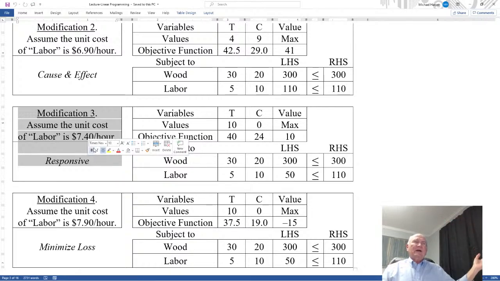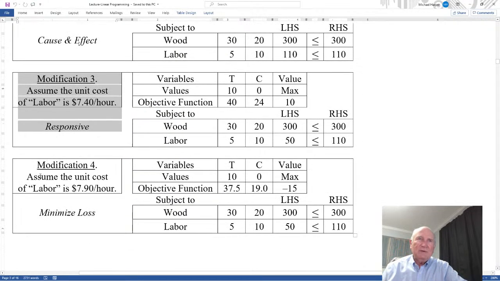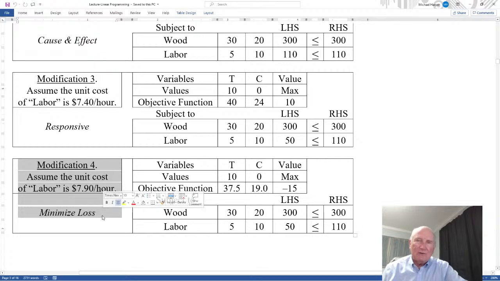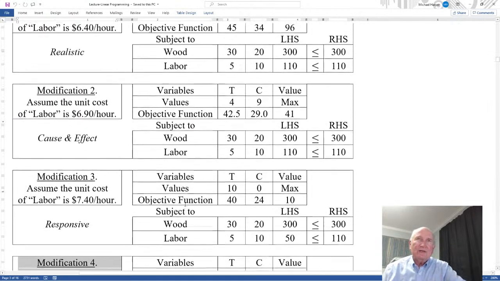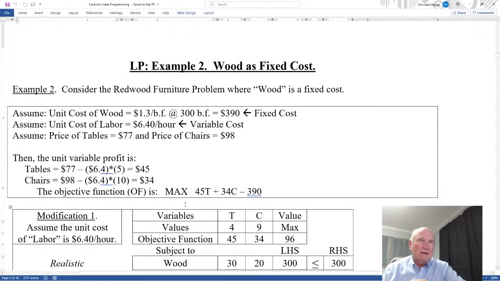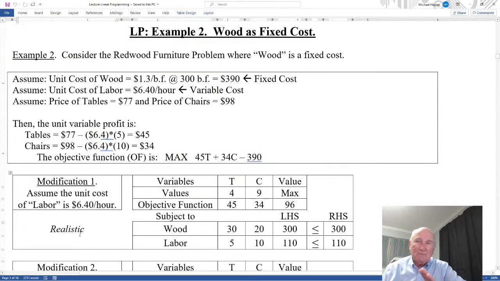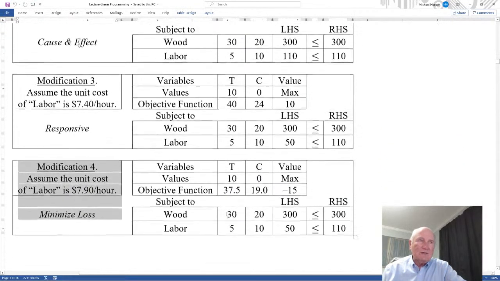We've always done it that way. We have to change with the times. And 4th is minimize your losses when you have to operate at a loss. And sometimes you have to get out, okay? So these are 4 very good applications of the modifications, and there's a lot more. That's why linear programming is so popular. So let's go on.